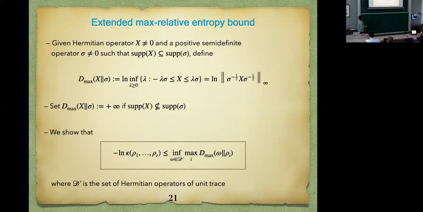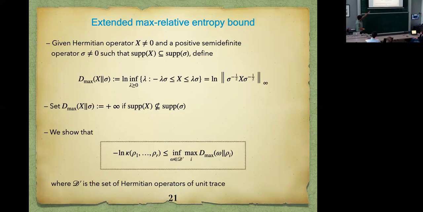Again, this kappa is an interesting quantity because it's related to something called extended max relative entropy. The max relative entropy is defined for any Hermitian operator X and any positive semi-definite operator sigma, both of them non-zero. That's the definition. If you look at the definition of D max, it resembles somewhat what we have for the kappa. We have an upper bound and lower bound both on X, and that was the resemblance.